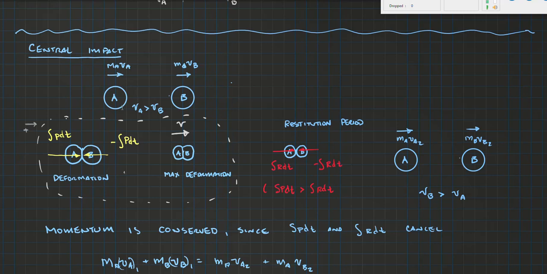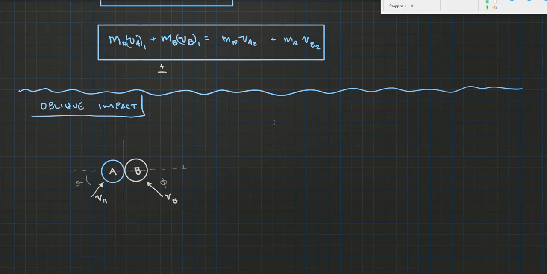And so for the central impact, impact occurs along the line of impact, and the resulting velocities also occur along the line of this impact. So let's look at our oblique impact now.